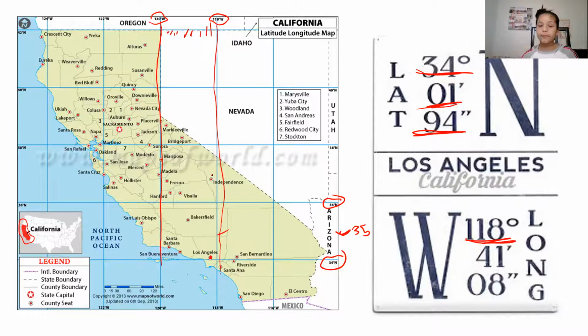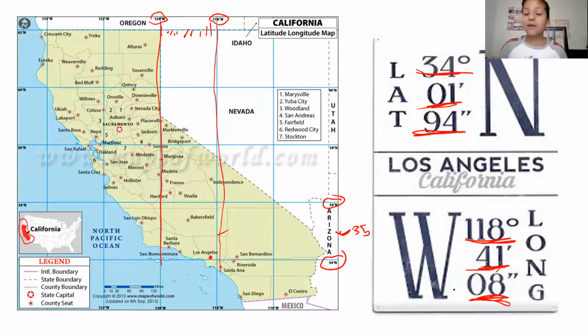If we do that, the exact measurement of the minutes would be 41 minutes. If we divide the 41-minute line into 60 equal parts, the exact measurement for seconds would be 8 seconds.